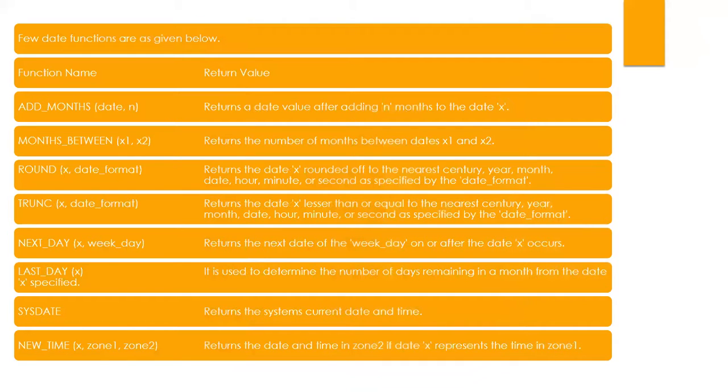Last day of x is used to determine the number of days remaining in a month from a date. Sysdate returns the system current date and time. New time x, comma, zone 1, zone 2 returns the date as time in zone 2 if the date x represents the time in zone 1.